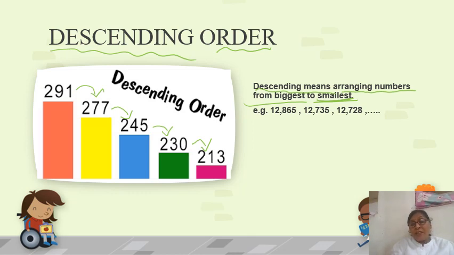The order is descending order. First, see the biggest number, then the lowest, then lowest, lowest, lowest.